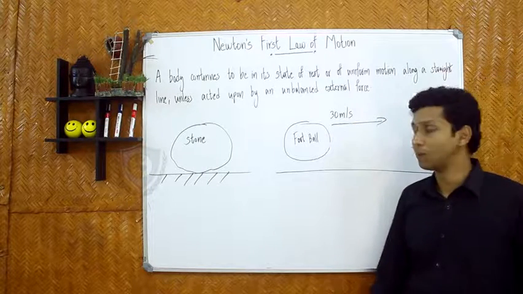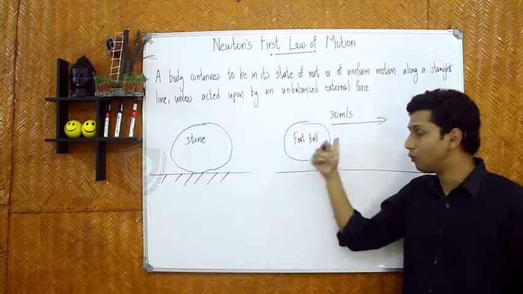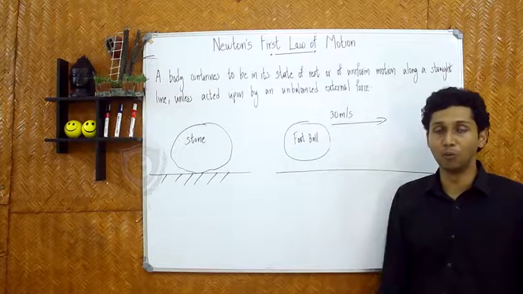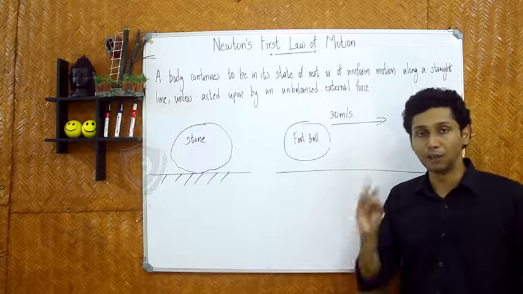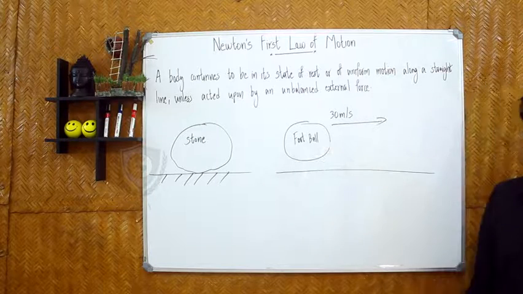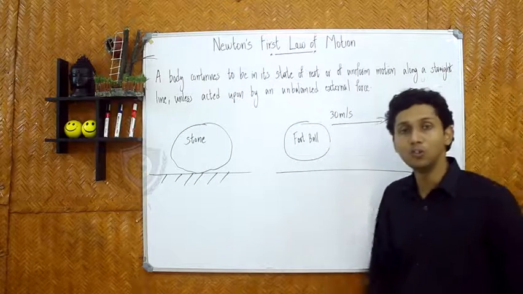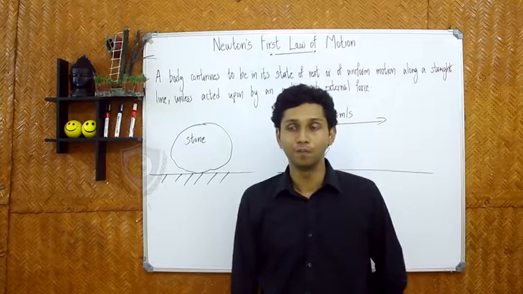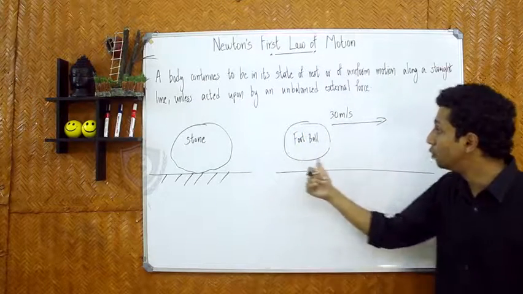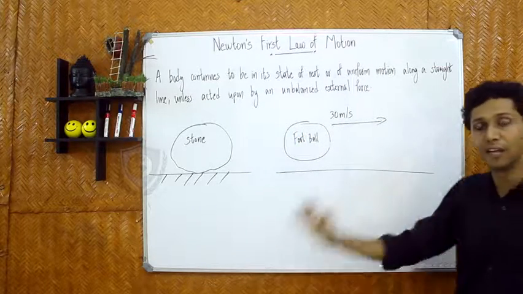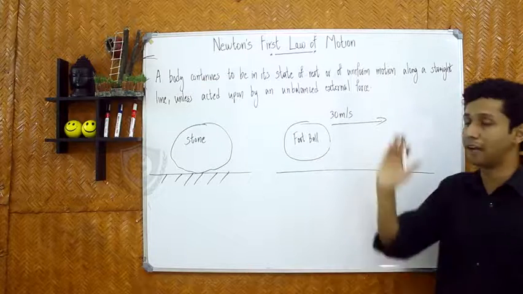Now listen carefully. In this case you can see that this football is in the state of motion because it is moving with a speed of 30 meters per second along a particular direction. Now according to Newton's first law of motion, this football would continue to move with the same speed along the same direction over an infinite time period.